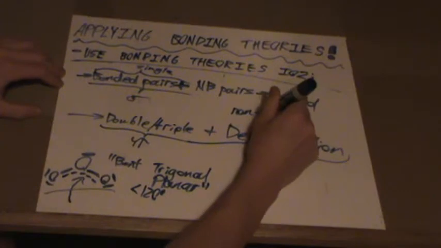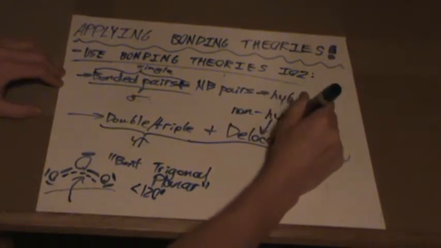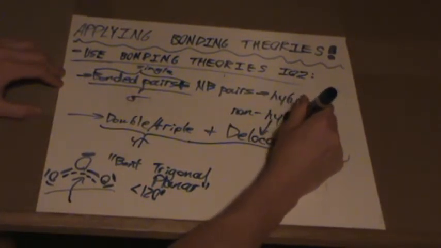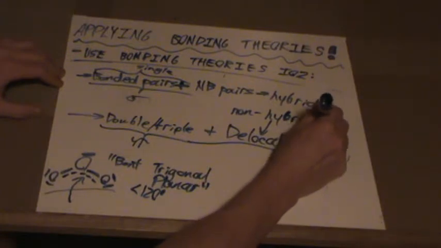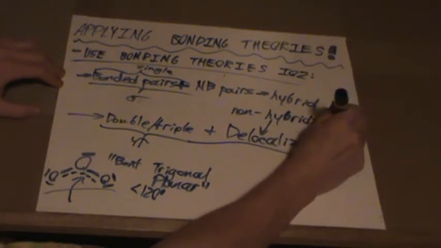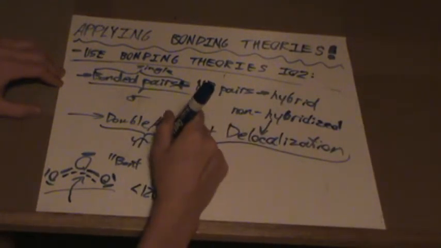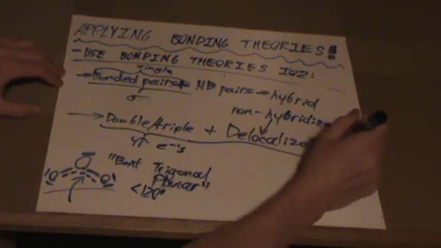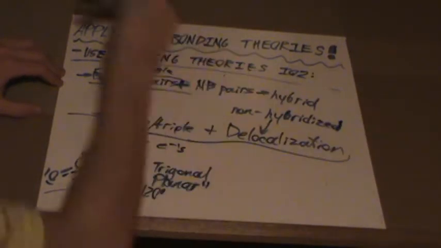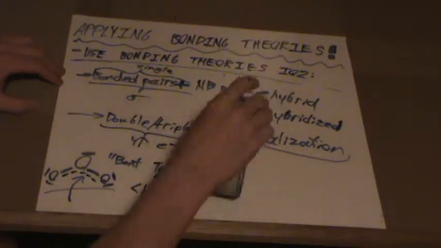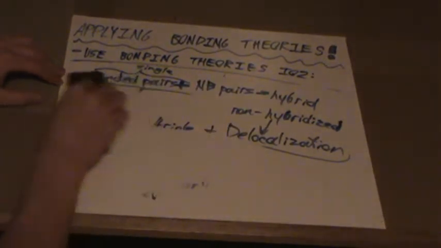Non-hybridized. Which means that they must be pi. They must be atomic orbitals, or pi electrons as we call them. So that is perfect, and I just wanted to clarify that because this is all about understanding, and I want to make sure that we all get it.